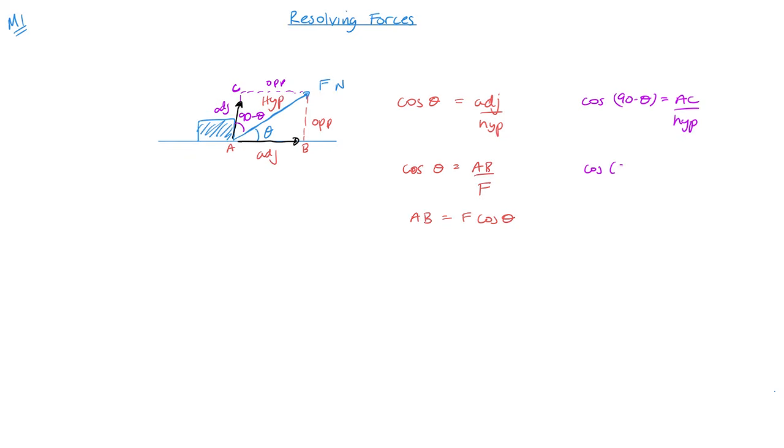So cos of 90 minus theta is AC over F, and AC then is F cos of 90 minus theta. Now, cos of 90 minus theta is the same as sine theta.